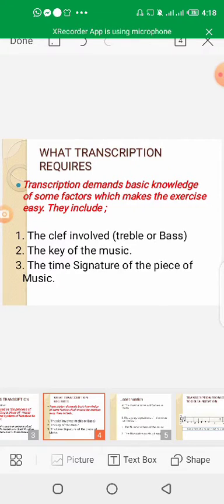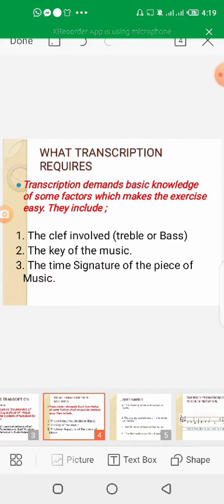Secondly, you should know the key of the music. This is going to help you so that you don't change the key. Remember, you are only changing the type of notation. You're not changing any other thing. You're not changing the key of the song. So while transcribing, if you change the key of the song, you failed it.